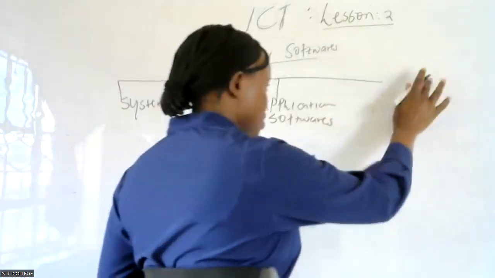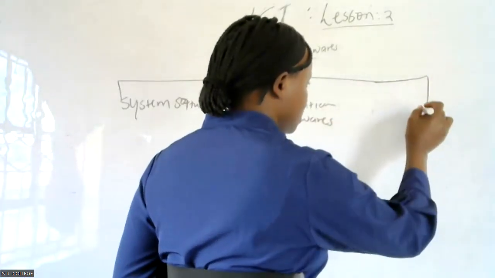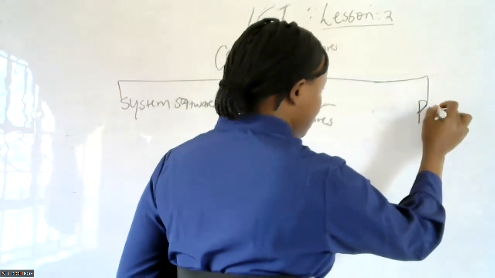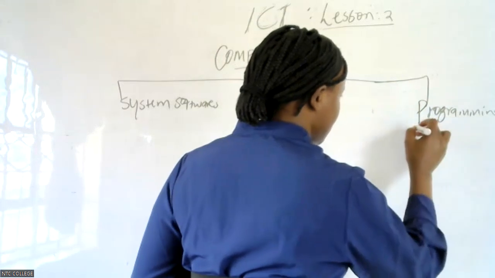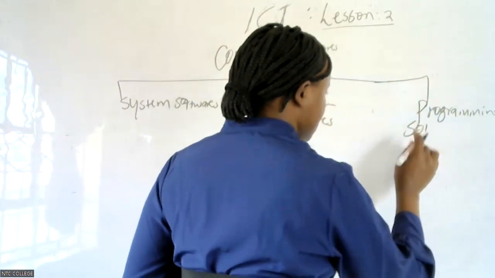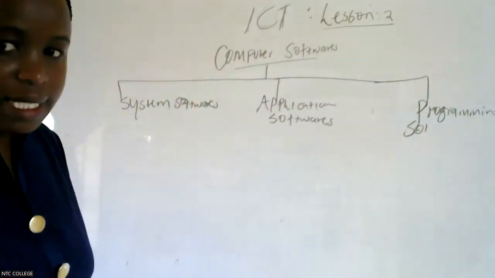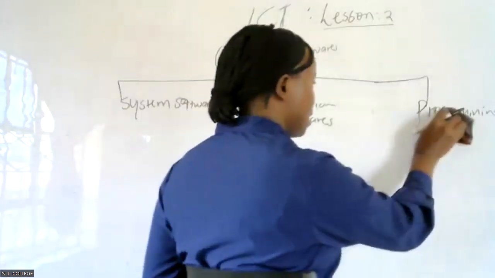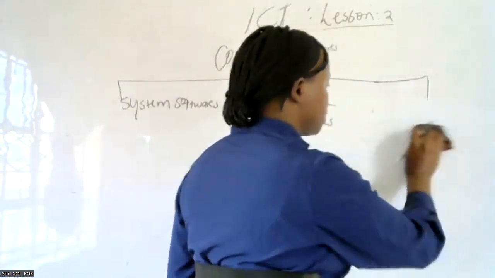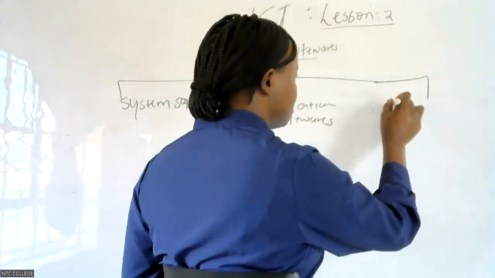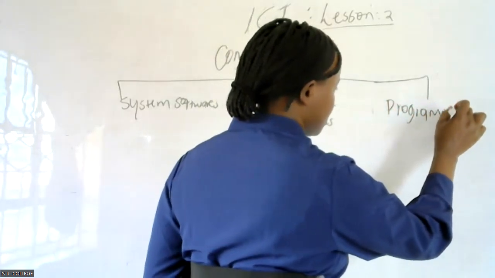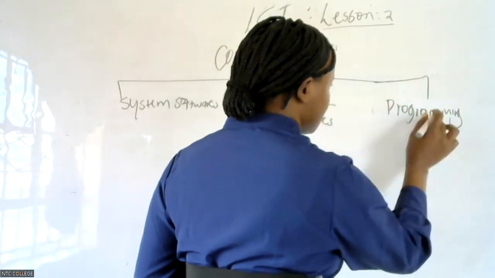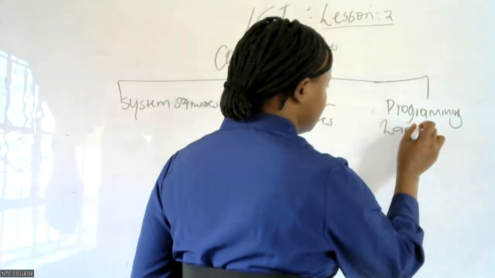But I want to mention this. There is also another extension that we can do, and it's still part of our journey in terms of these softwares. And this is on the programming languages. So we add it as the 3rd branch in these computer softwares: programming languages.